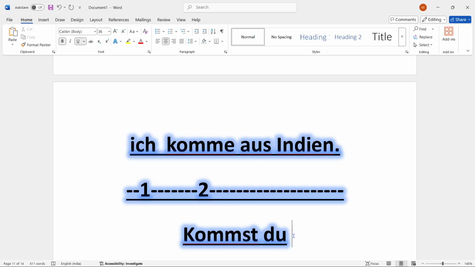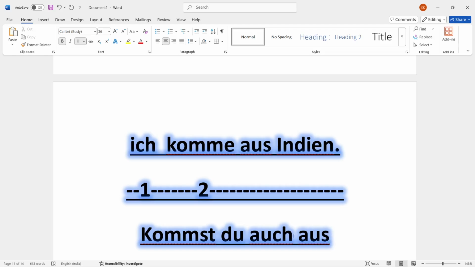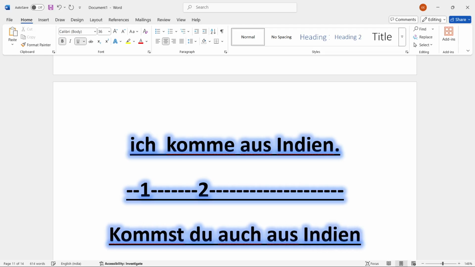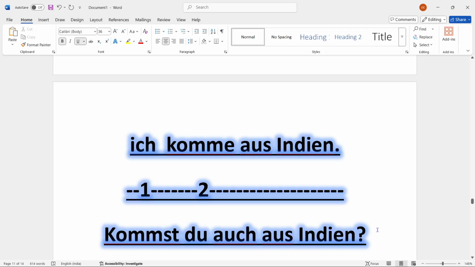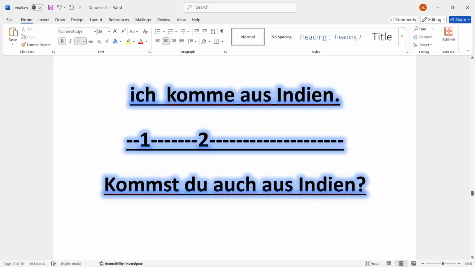So, kommst du auch. Auch means also. Kommst du auch aus Indien? Question mark. Kommst du auch aus Indien? It means are you also coming from India?